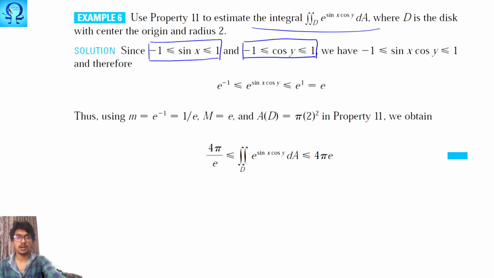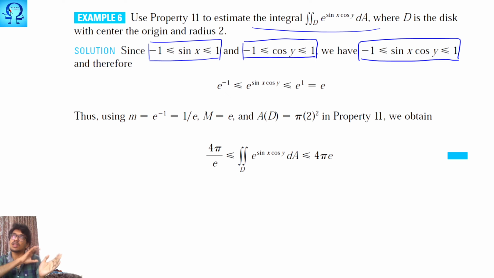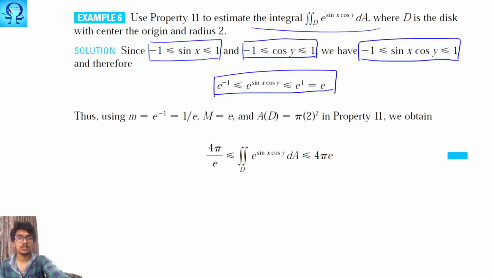So when you take the product of these two, it is also going to lie between -1 and 1. It cannot go beyond it. So if this is going to happen for sin x cos y, then what is going to happen for e power sin x cos y? Since e power x is a monotonic function, this is what we are going to have.